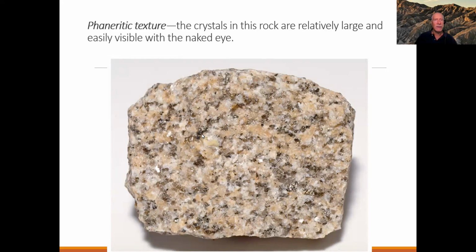The darker crystals, again, probably hornblende, maybe some biotite thrown in there. And the clearish, grayish crystals are quartz. Okay, same crystals as that previous picture, but in this case, we can easily see the crystals. In the previous picture, the crystals were microscopic.